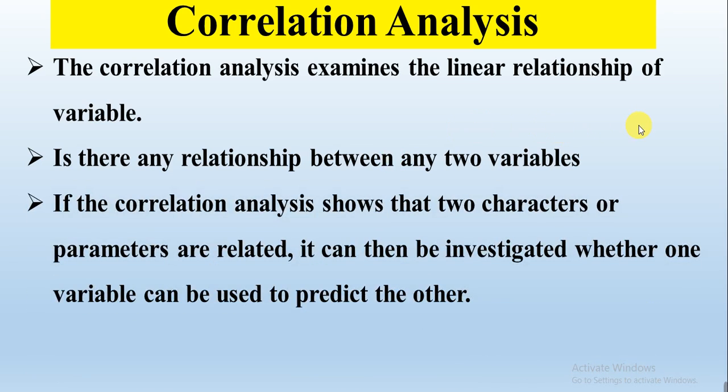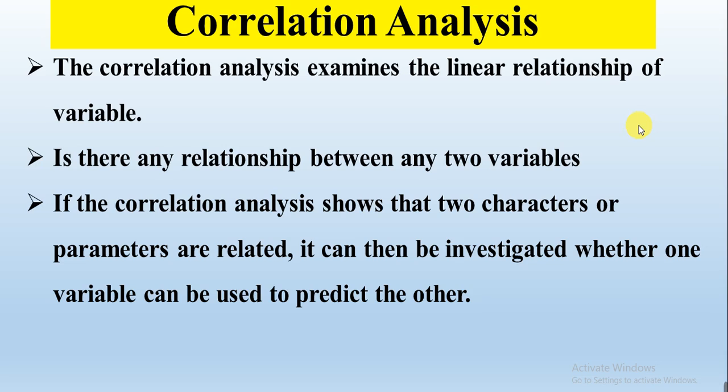If the correlation analysis shows that two characters or parameters, or whatever you are studying, are related or have some relationship, it can then be investigated whether one variable, character or parameter can be used to predict the characteristics of the other.